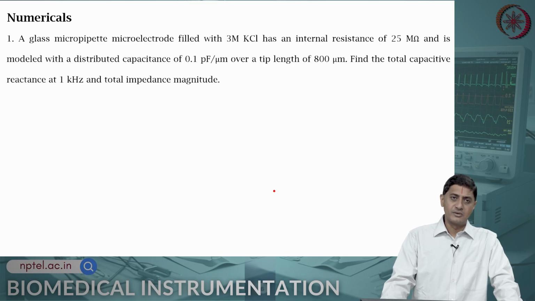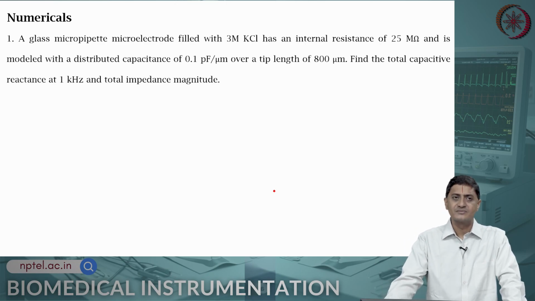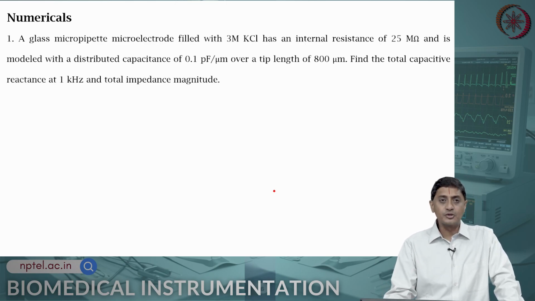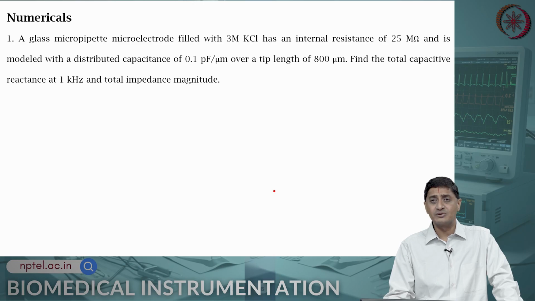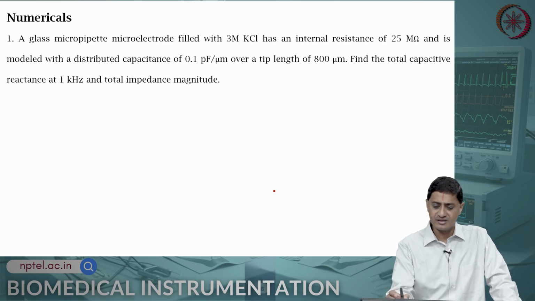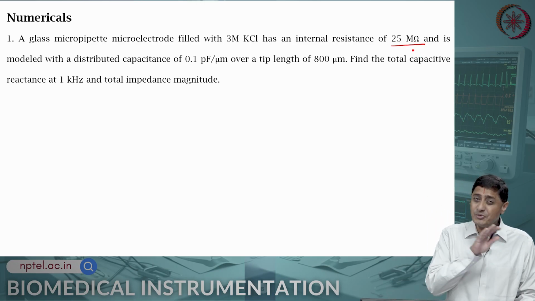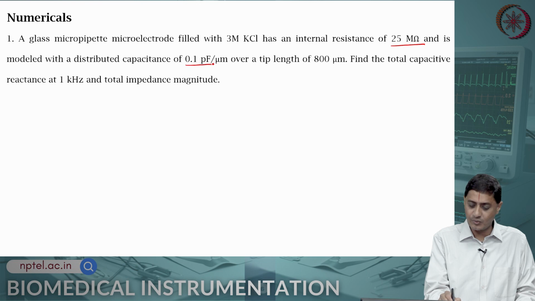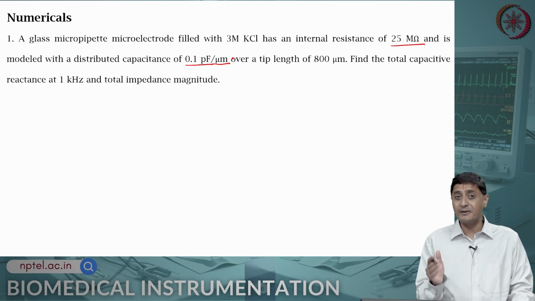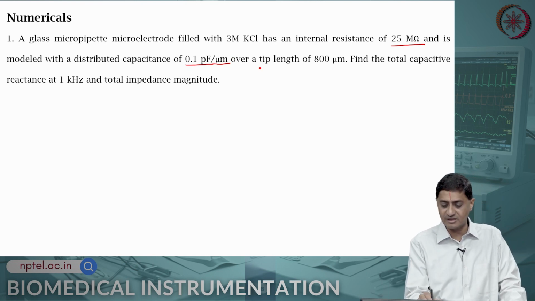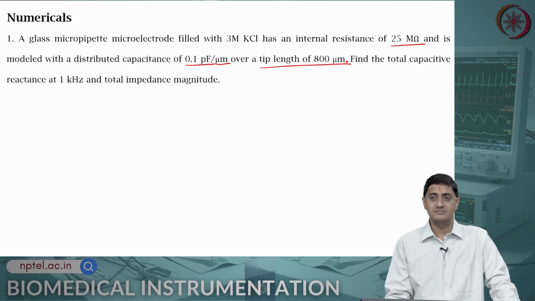A numerical problem related to impedance. A glass micropipette electrode filled with 3M potassium chloride has an internal resistance of 25 mega ohms and is modeled with a distributed capacitance of 0.1 picofarad per micrometer over the tip length of 800 microns.